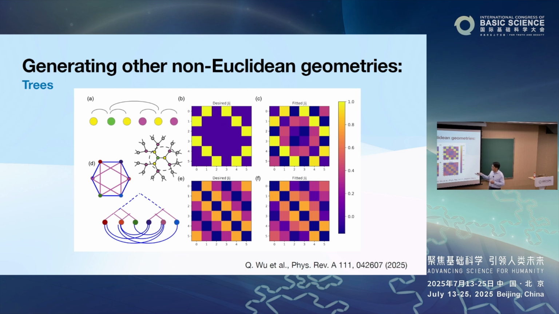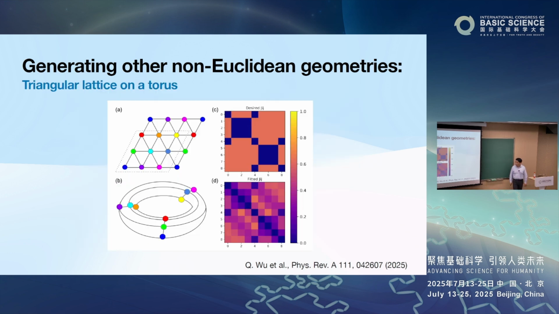And so in this case, we numerically studied what if we were to generate the interaction patterns in a tree graph. And in fact, also there can be different geometries, such as a triangular lattice on a torus.